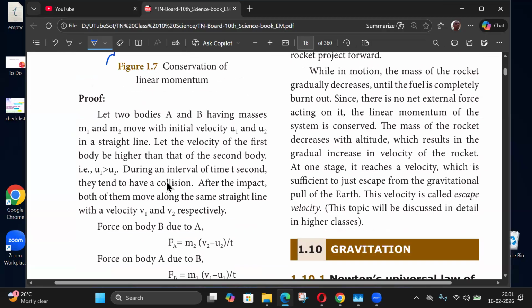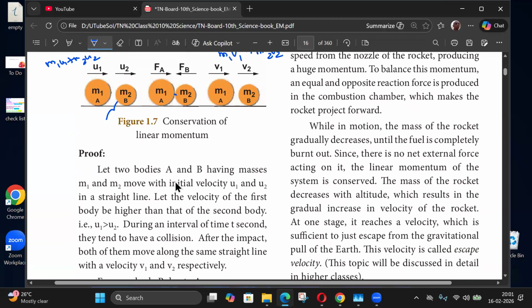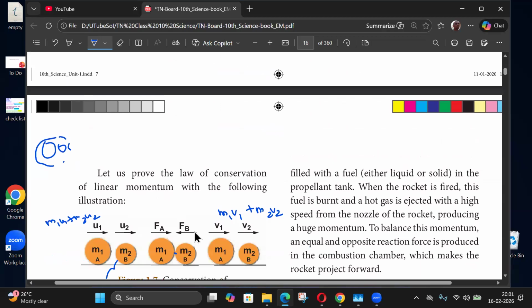And here, this force is because of the impact force. So whatever force one exerts on the other, it's the same as the force exerted by the other on this one.